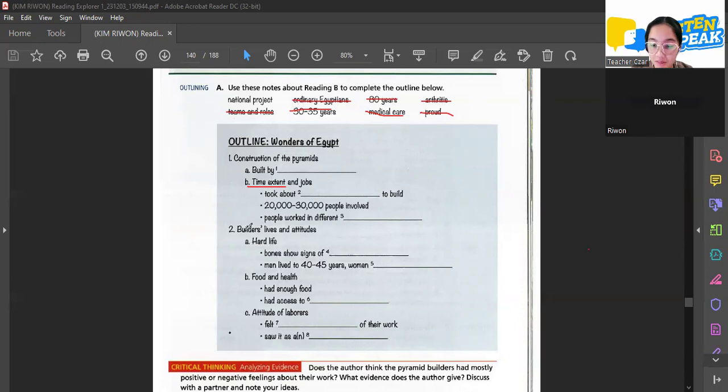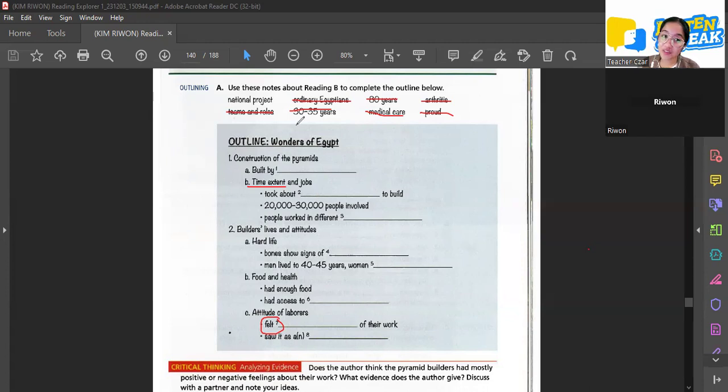Okay, maybe. But according to this outline, even though they had a hard time building the pyramid, the builders still felt proud of their work because maybe this is a national project that can help their country, because nowadays the pyramid of Giza is one of the famous attractions in Egypt.